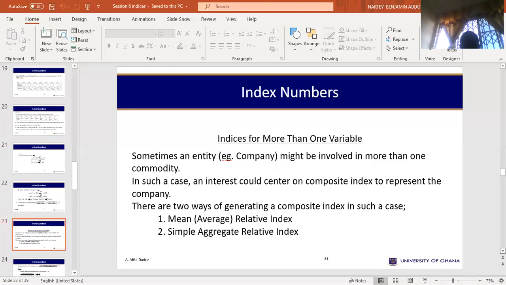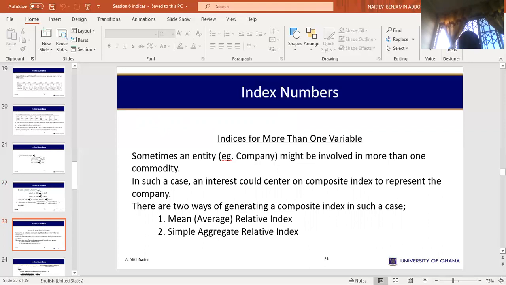Now let's look at index numbers for more than one variable. Sometimes an entity, such as a company, might be involved in more than one commodity. Normally companies don't produce just one commodity.